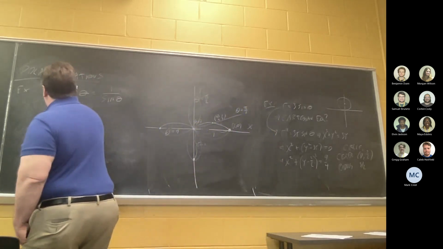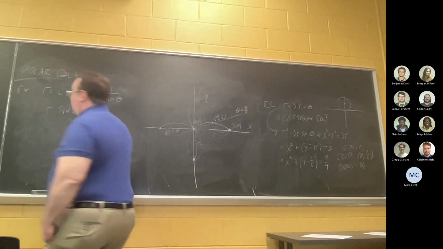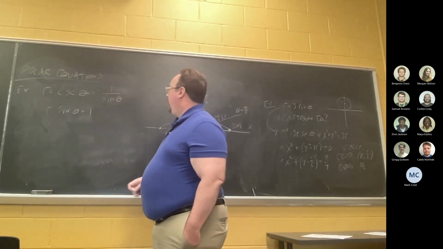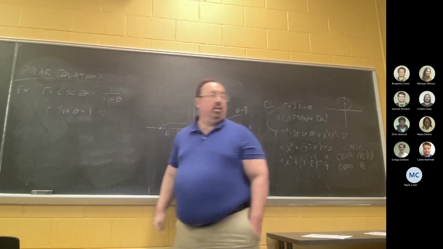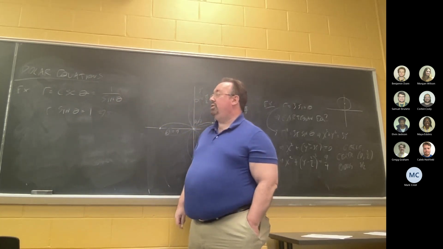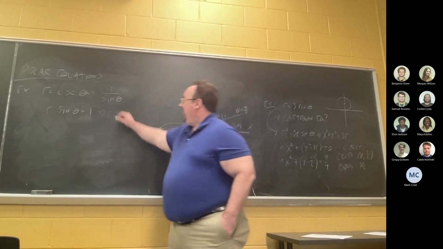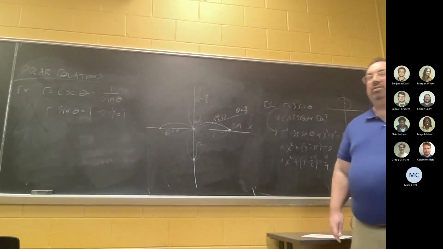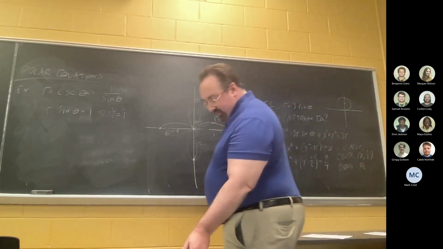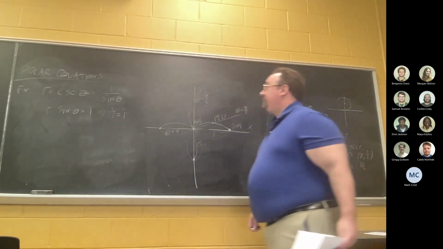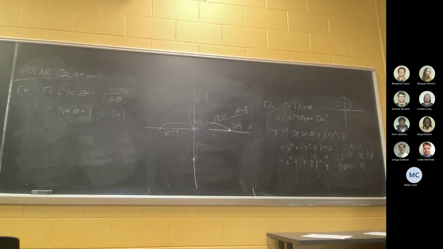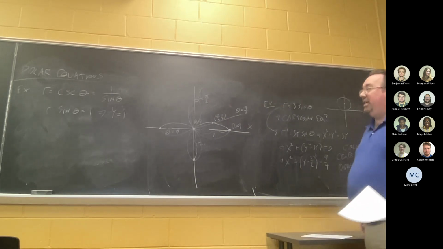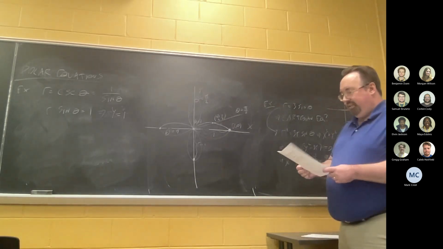Yeah, so now we have r sine theta equal to 1, which in x and y terms converts to y equals 1. So r equal to cosecant theta is just a horizontal line. Similarly, if I had r equal to secant theta, that would give me a vertical line.